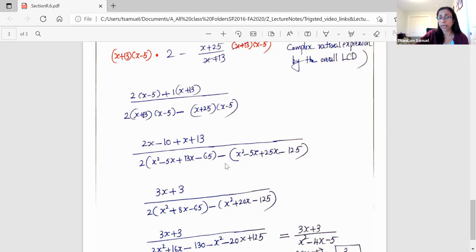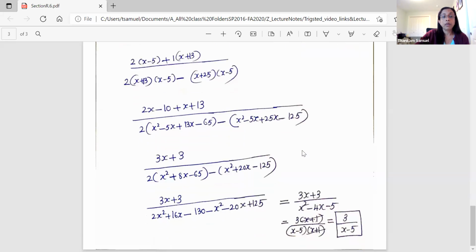Then keep this negative sign. This is the most common mistake part, so I would suggest you keep this negative sign outside the parenthesis, then take the product of these two factors. You will get x squared minus 5x plus 25x minus 125.